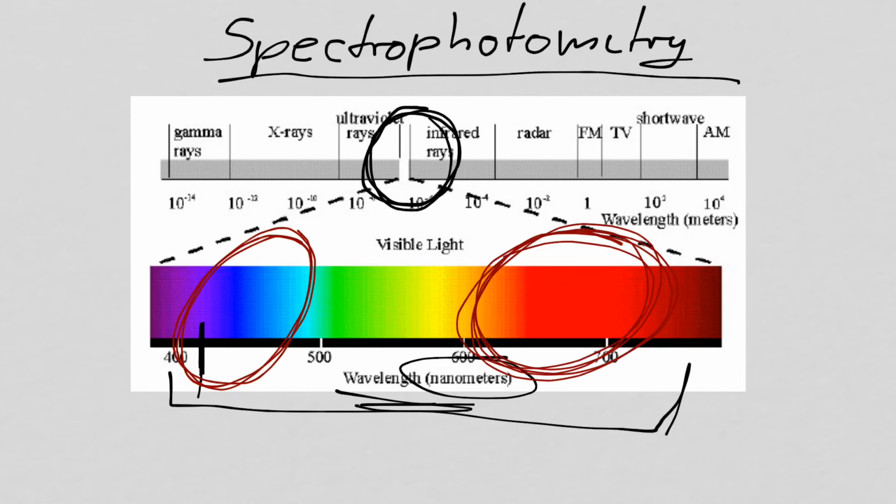Chloroplasts don't absorb very well in this range here, and that is why you see leaves green. This is from the different photosystems, photosystem 1 and photosystem 2, that absorb this specific light.